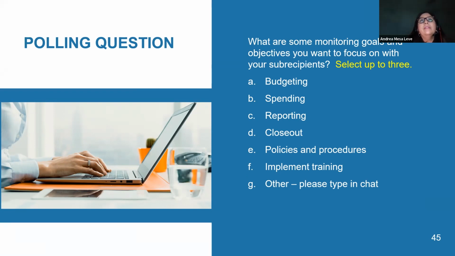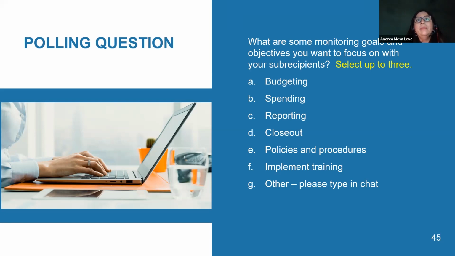So we have budgeting, spending, reporting, closeout, policies and procedures, implement training, and other. And in that other category, we would love to see what you provide in that area.